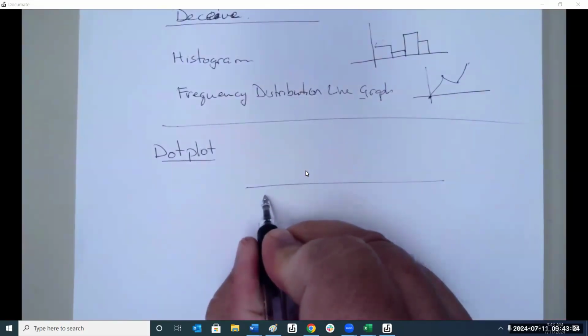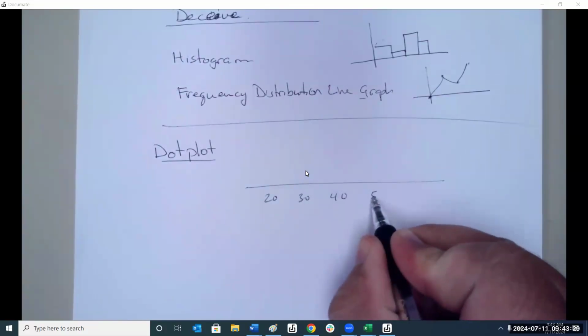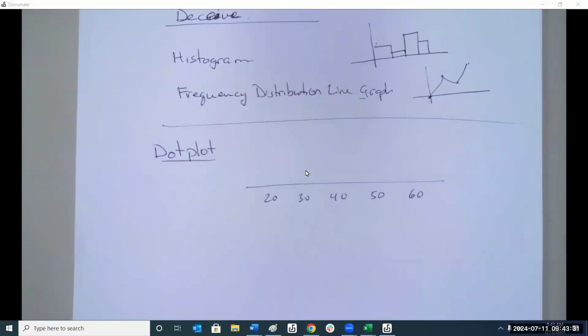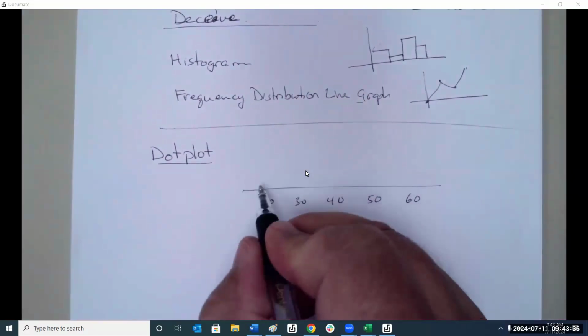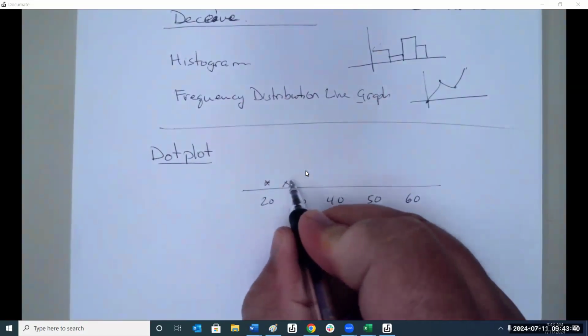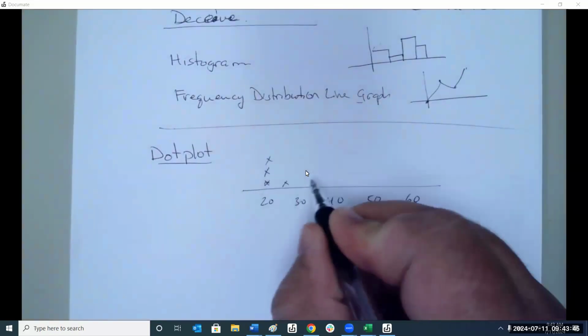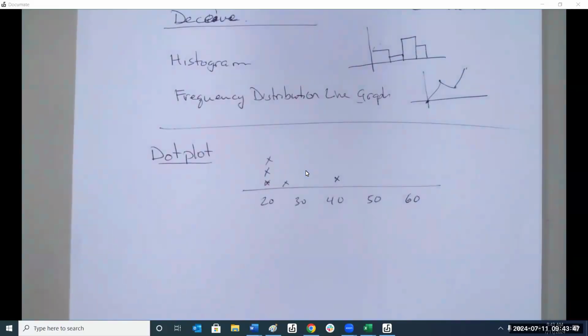The data, let's say it's 20, 30, 40, 50, and 60. All you do there is when you look at your data, if it's a 20, you put a mark there. If it's a 25, put a mark there. If you get another 20, a 40. So you put little marks and you go up the column there. That is a dot plot because you put dots above the graph where they are.